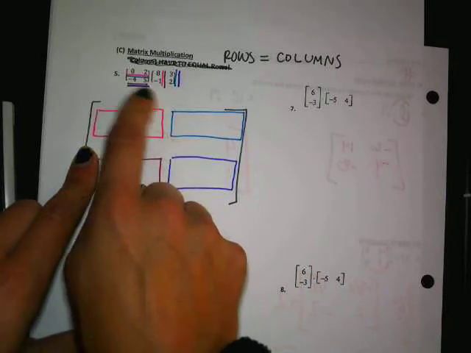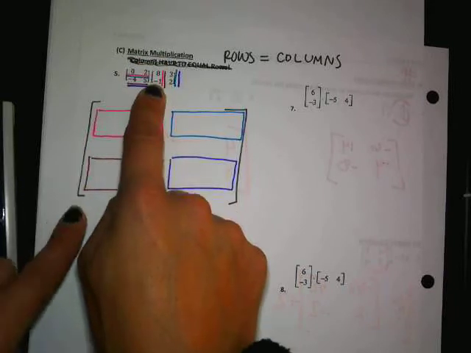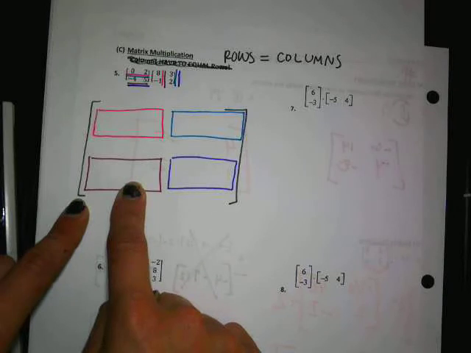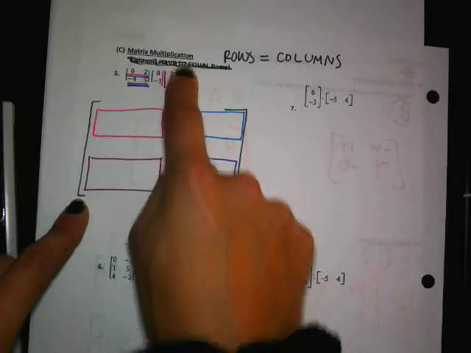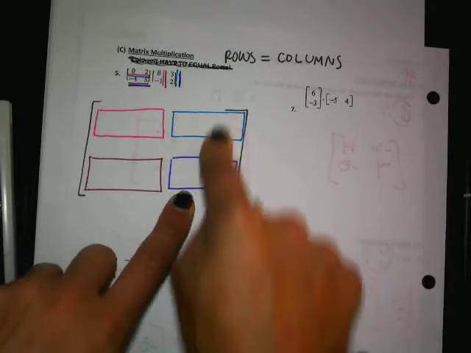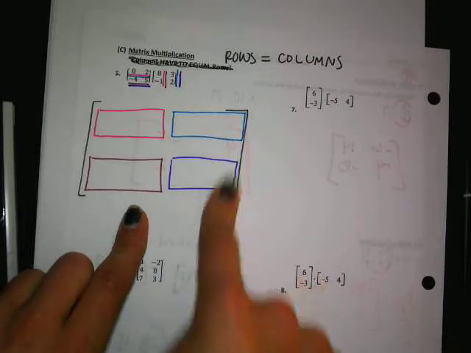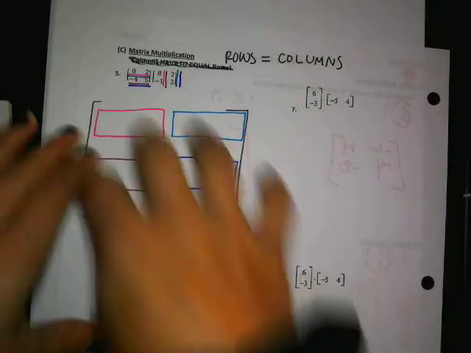This one is the second row, first column. So that will be the second row, first column. And then the last one, second row, second column will be in the second row, second column. Does that make sense, the pattern? Do you see? When I say the words, it sounds very confusing because I'm saying second row, first column so many different times, but that's the pattern.